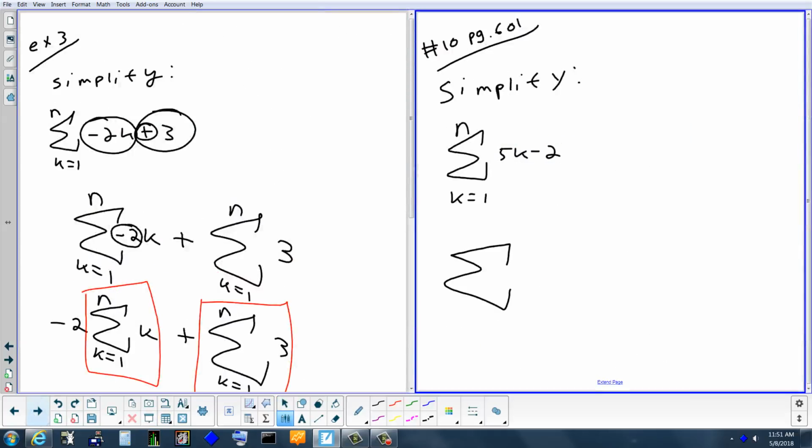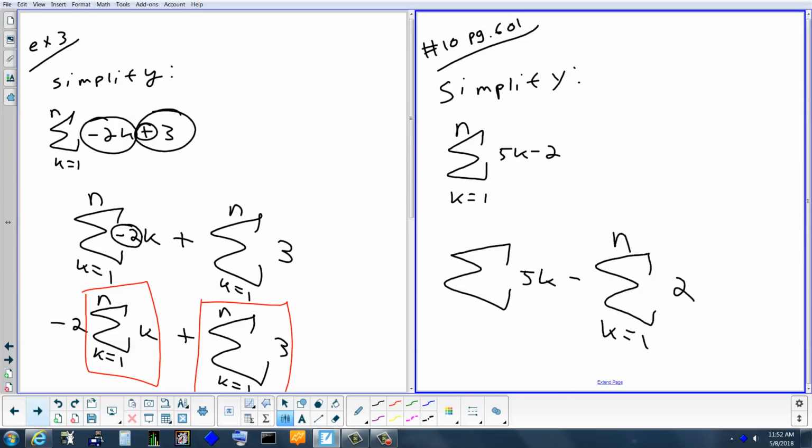First of all, when I split this up, how many sigmas does this split up into? 2. The first one is 5k. The second one is just a 2. So the 5k got copied down. The minus sign, that's what goes between them, because it was what was between them up above. And then the 2 just got copied down.